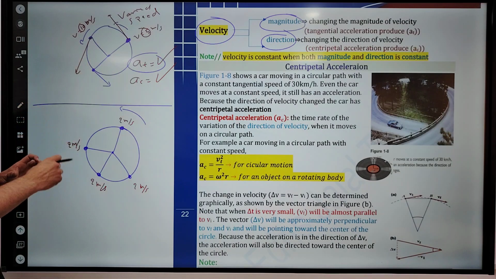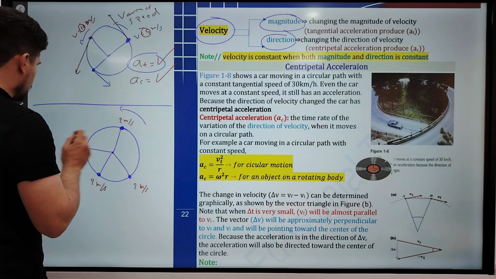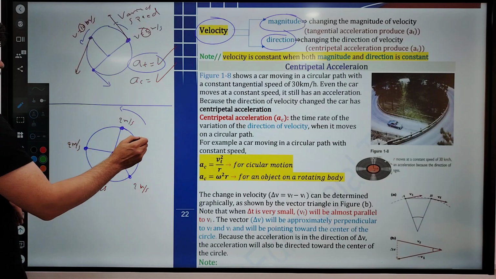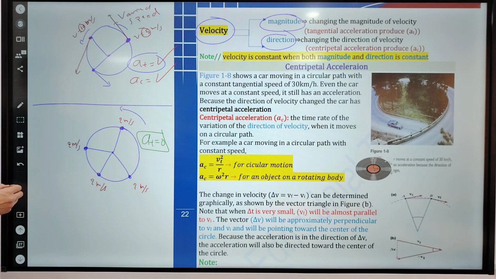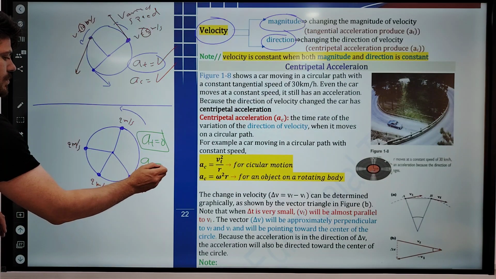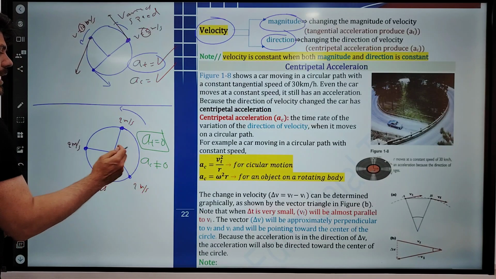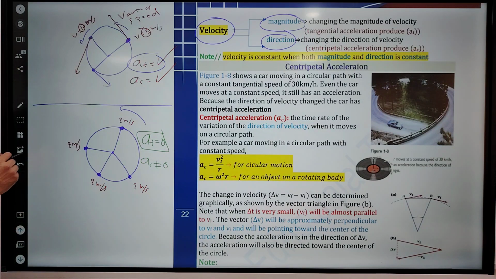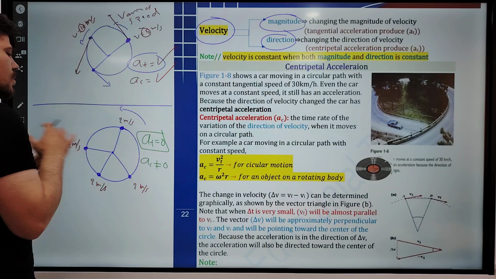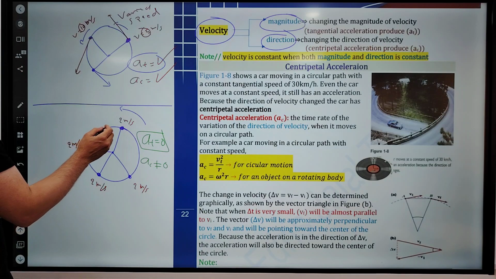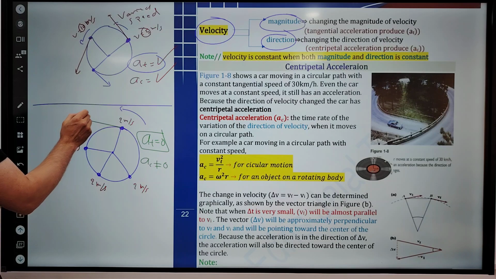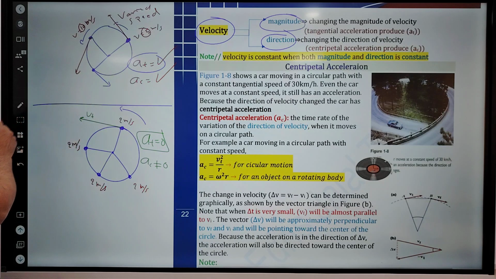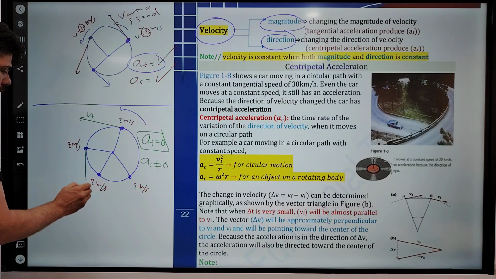Because the magnitude of the velocity doesn't change, the tangential acceleration is 0. But centripetal acceleration is not equal to 0. We have centripetal acceleration. Why? Because the direction of the object is always continuously changing. At this point the direction of the tangential speed is in this direction, and at this point it also changes.